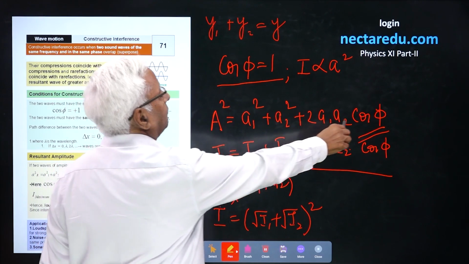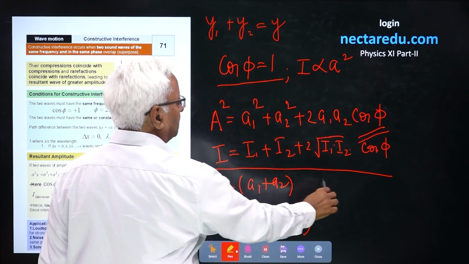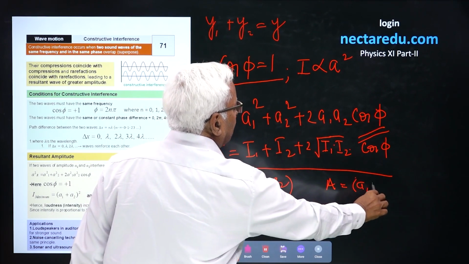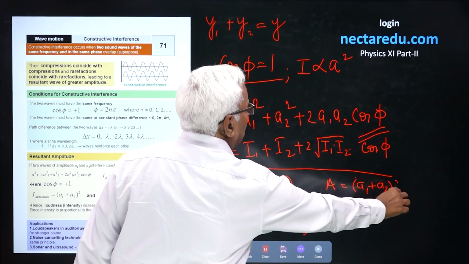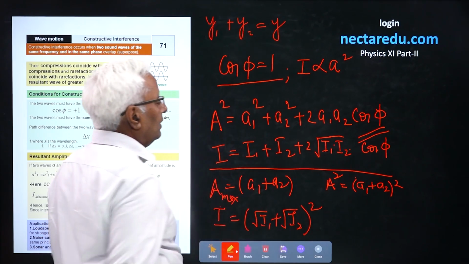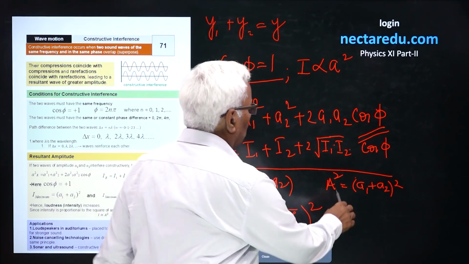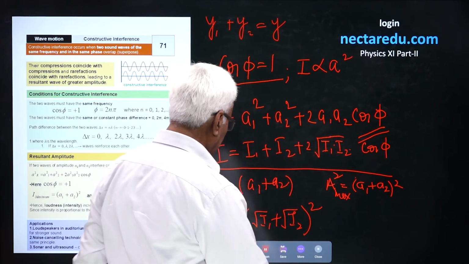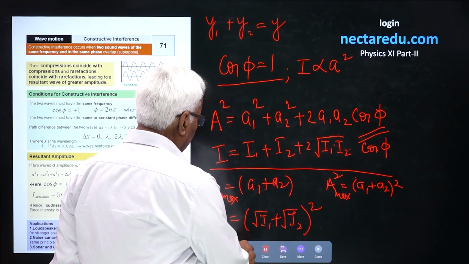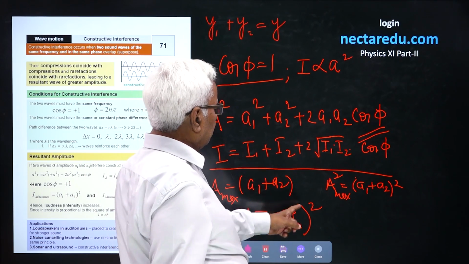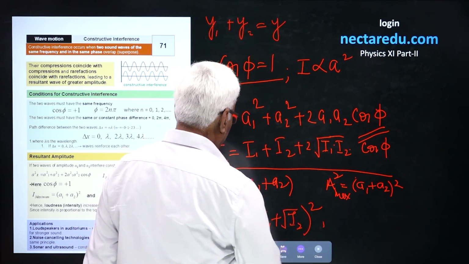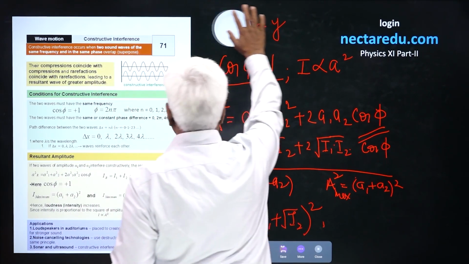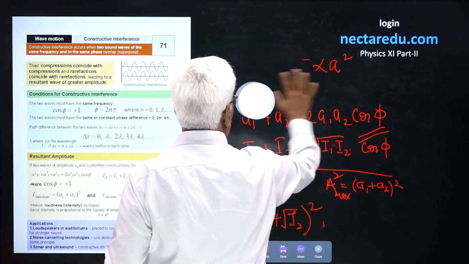Similarly, I maximum is (root I1 plus root I2) whole squared. This is for constructive interference.